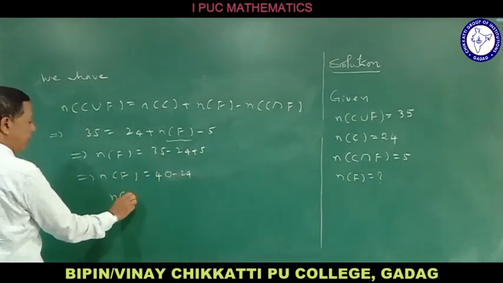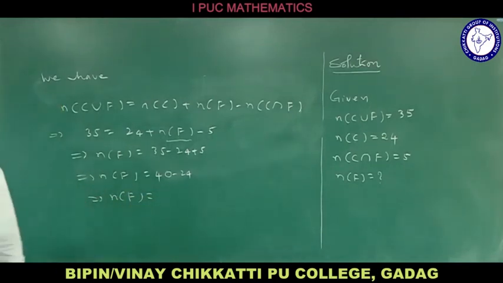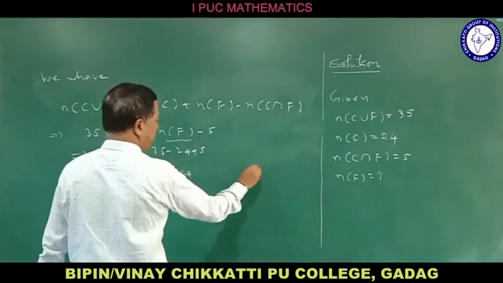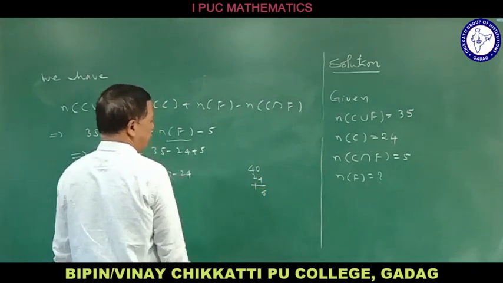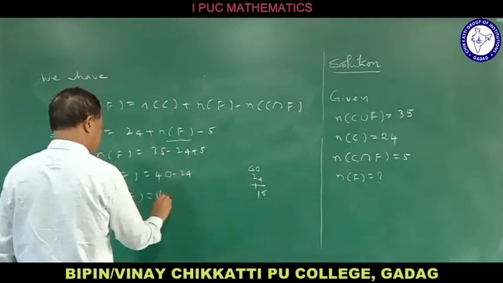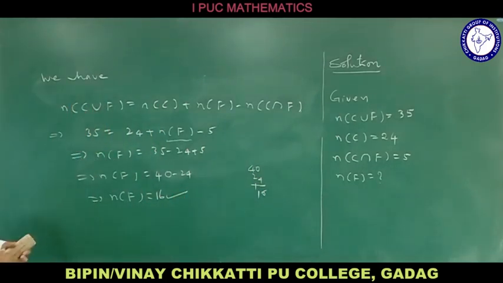So what you do is subtract, and here you get 16. So the number of students playing football is 16.